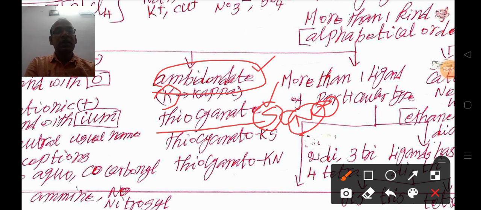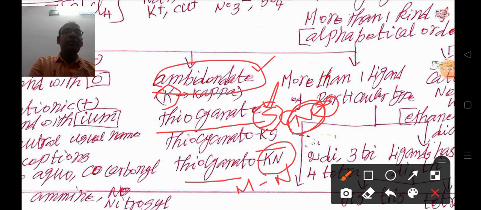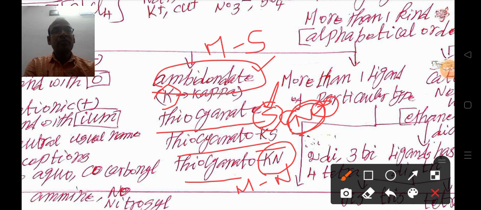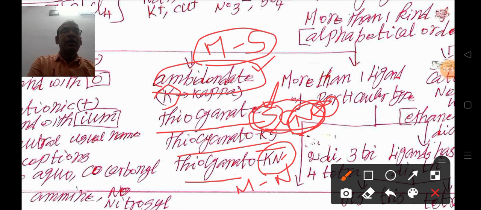Suppose sulfur bonds with the central metal ion, that is denoted by kappa S. If the thiocyanate bonds through nitrogen, that metal to nitrogen bond is denoted by kappa N. An ambidentate ligand means one ligand has more than one donor atom, that is, lone pair donor atom.